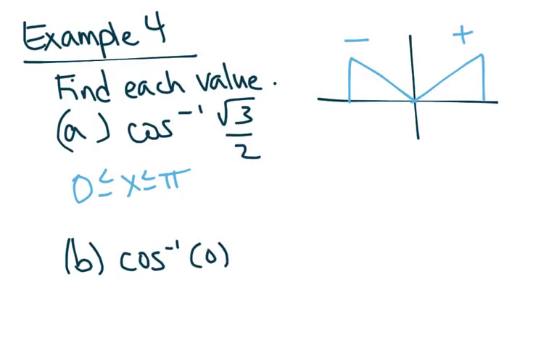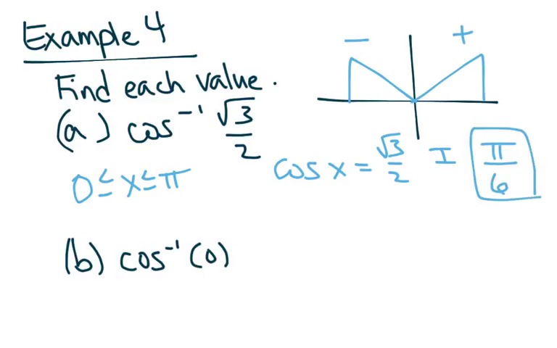So the inverse cosine of square root of 3 over 2 must be located in quadrant 1 because that's where the answer would be positive. Well, then the next question is, the cosine of what angle is square root of 3 over 2 and located in quadrant 1? Well, if you use your unit circle or the hand trick, you'll know that it is 30 degrees, which is pi over 6, which is in quadrant 1.